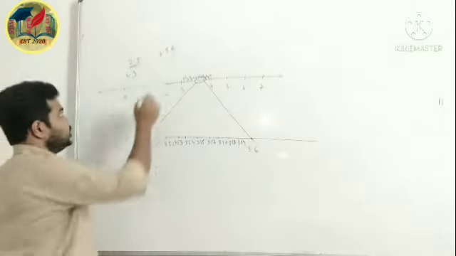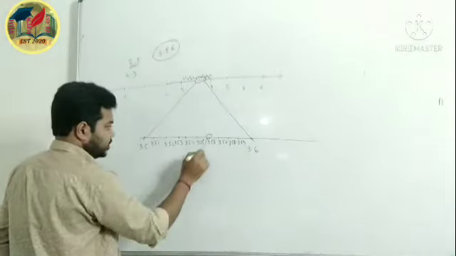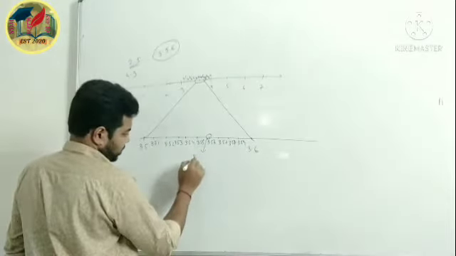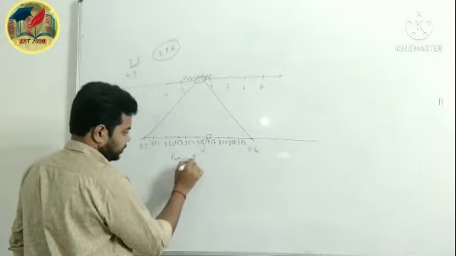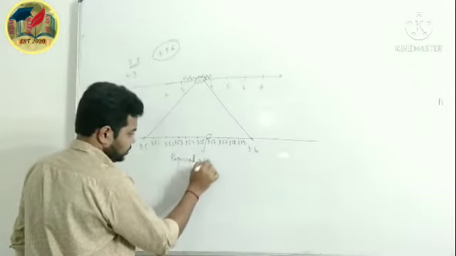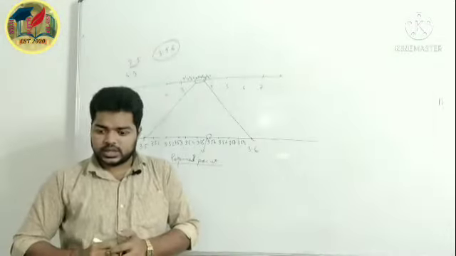Clear? Now what is the point 3.56? This point is 3.56. This is the required point we want to plot on the number line. Clear?